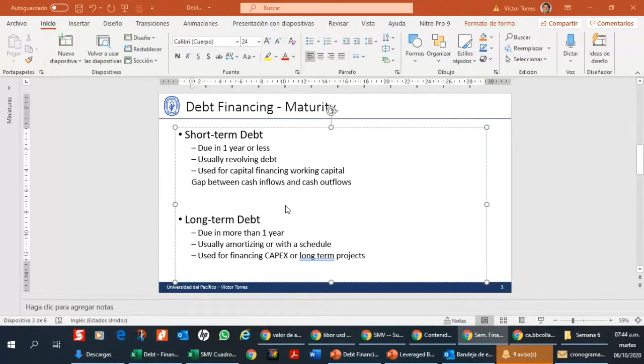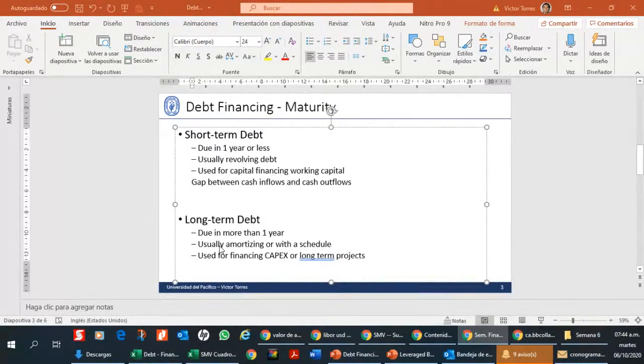What we're going to find is that these companies use the short-term debt as financing, at a higher interest rate than they would normally get with the long-term debt. The short-term debt usually does not have any collateral.